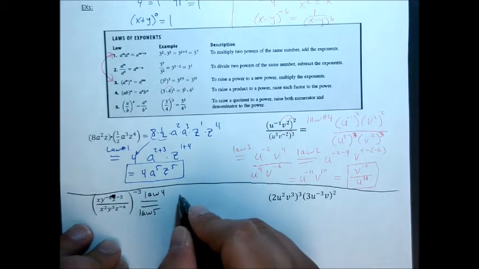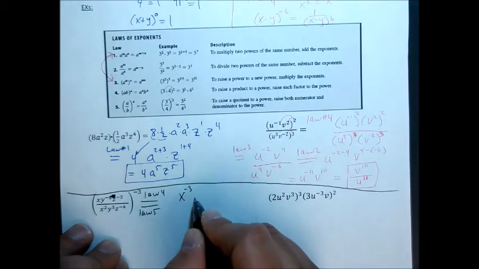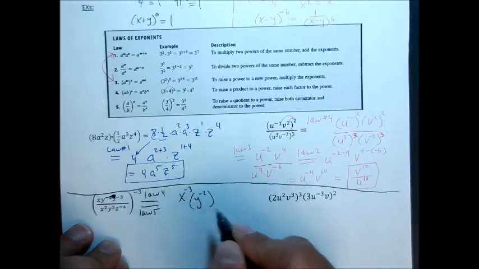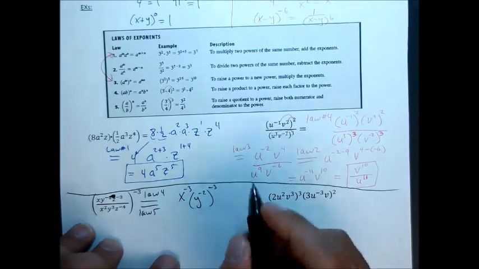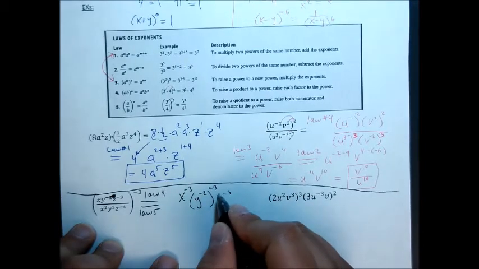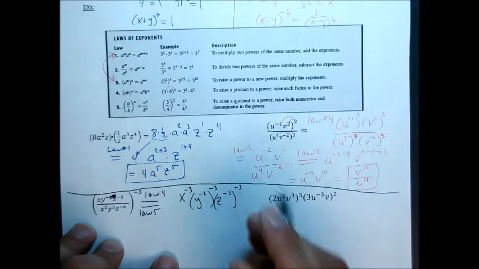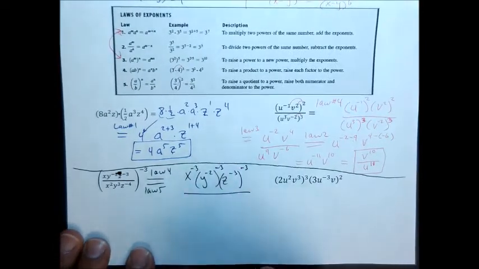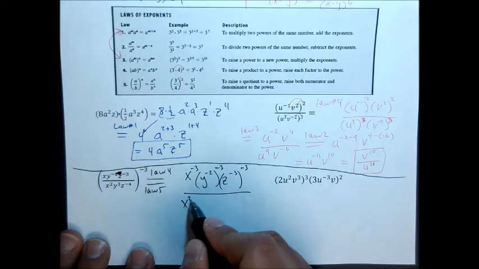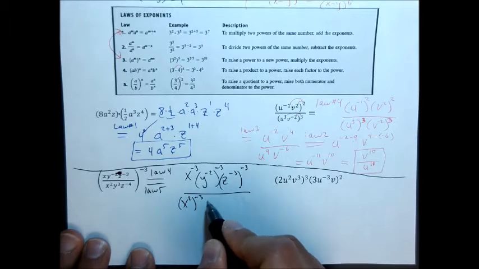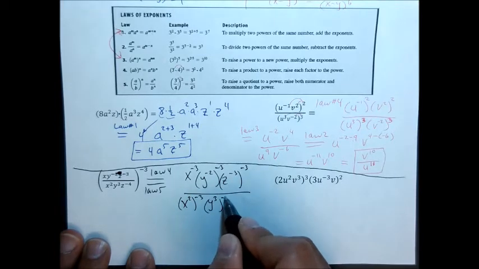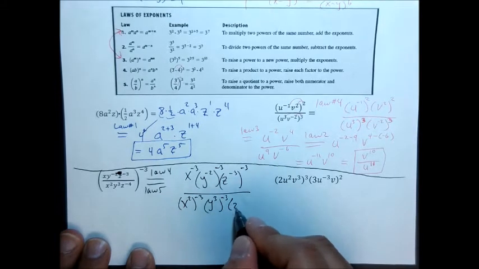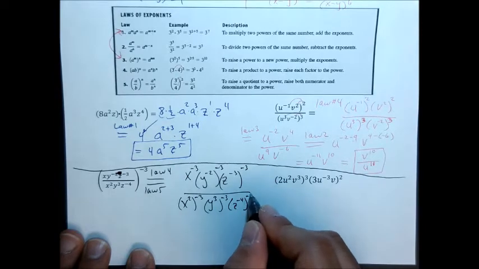And so this becomes x to the -3, y to the -2 to the -3, z to the -3 to the -3, divided by everything on the bottom to the -3. So x squared to the -3, y cubed to the -3, and z to the -4 to the -3.